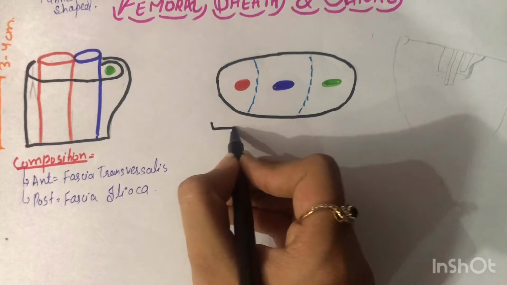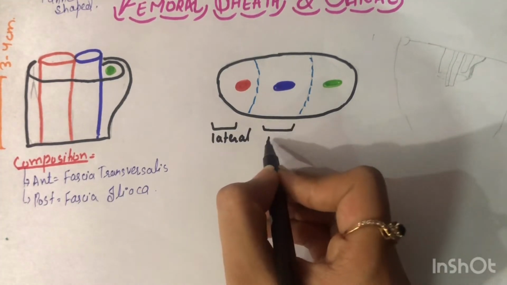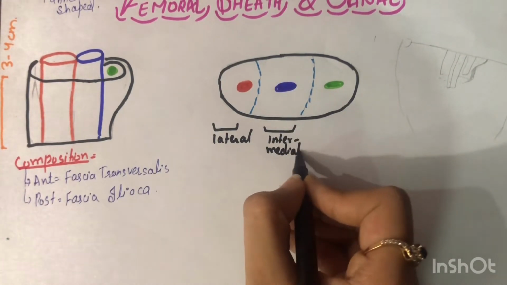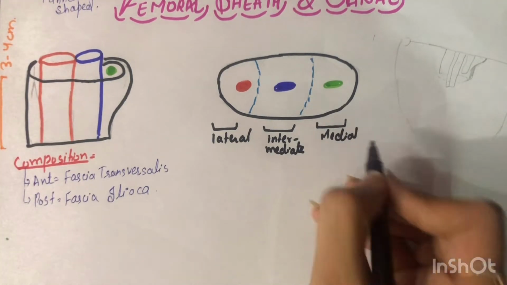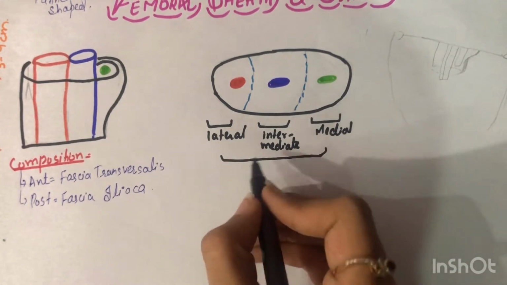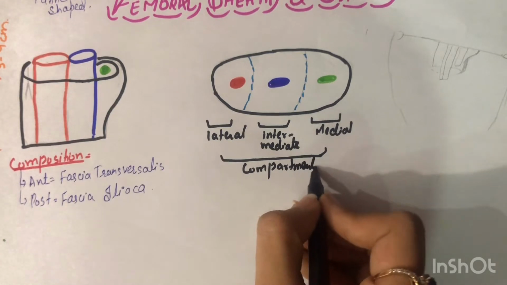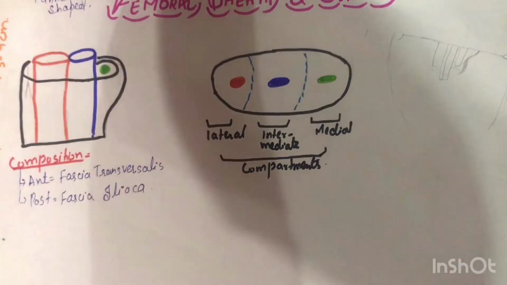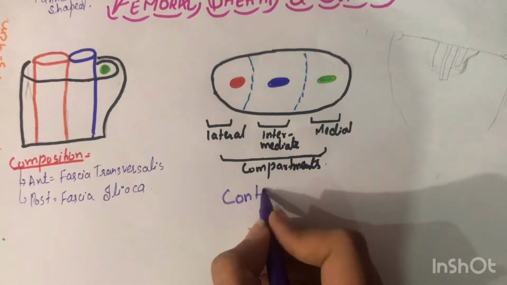So this one would be the lateral compartment, this one is the intermediate, this one is the medial, and these are all the compartments, right? Now let's write its contents.